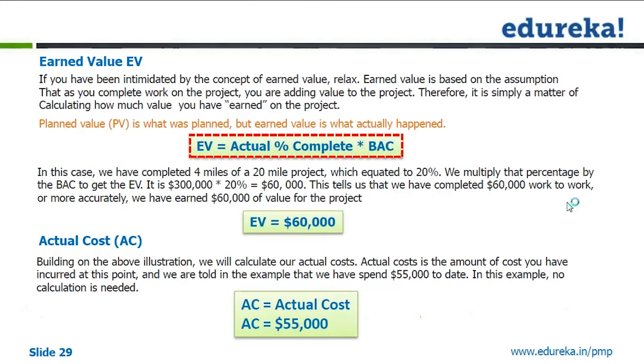So 20% of 300,000 is 60,000. So this tells us that we have completed 60,000 worth of work and we have earned $60,000 worth of value for the project. Now what was your actual cost? The problem already stated that the actual cost you have spent is $55,000. Did you understand how we got the earned value?